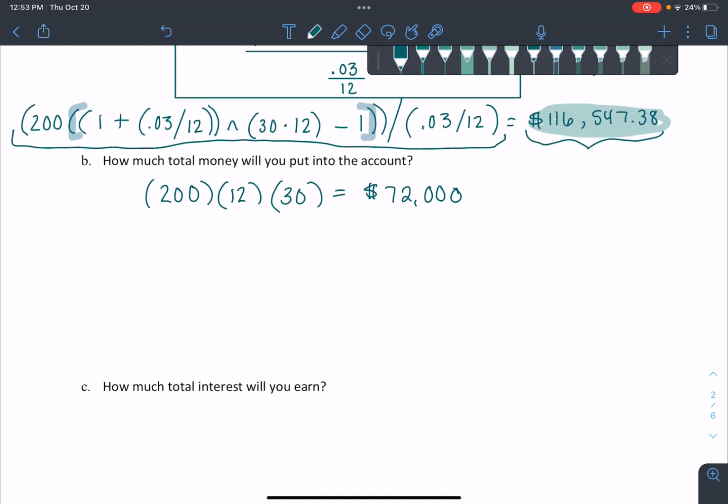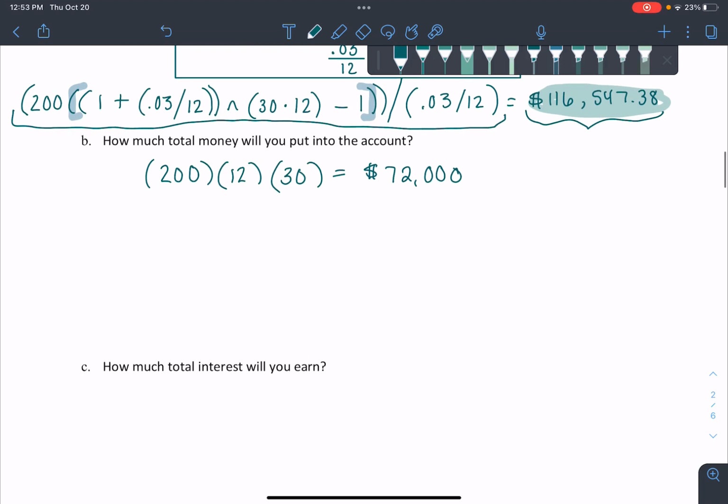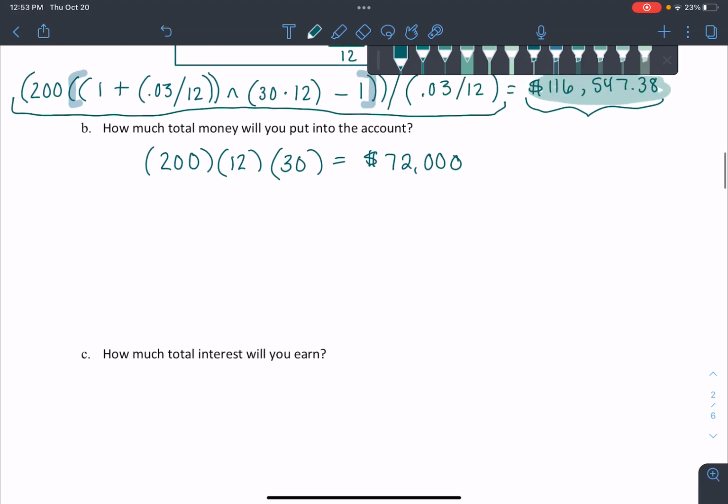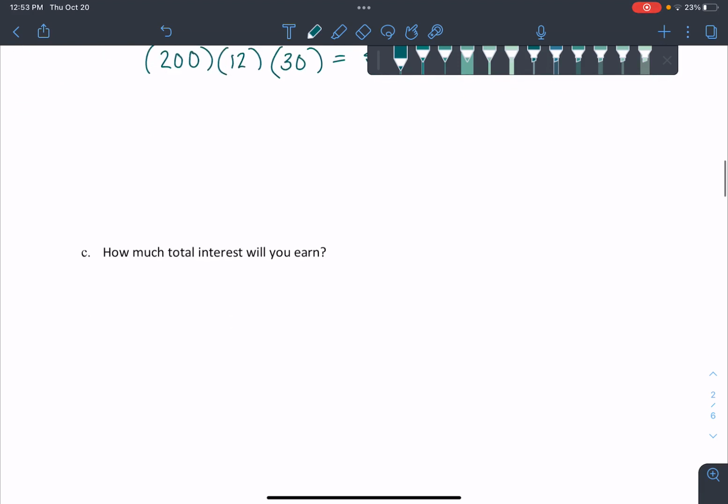So how much interest you earned is the total in the account minus what you put into it, right? Because anything that you didn't put in was the interest. So all I have to do for total interest, and I'm going to write this out in words first, just so that everybody's with me, but you know, you get the point.